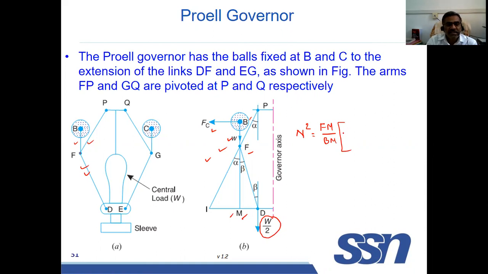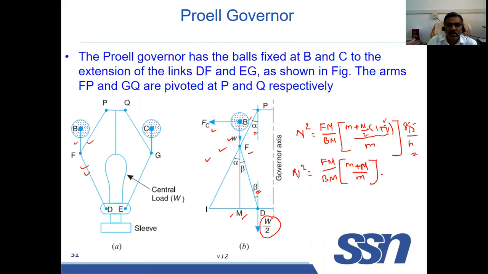If you neglect the friction, the equation will be (m plus M) divided by 2, into (1 plus Q), divided by m, into 895 divided by h. If Q is equal to 1, that is when alpha is equal to beta, then N squared is equal to FM by BM, within brackets, m plus M divided by m, into 895 divided by h. This is the equation.